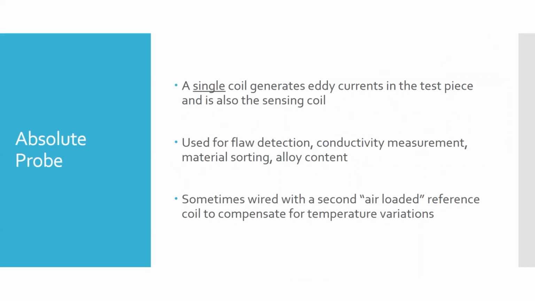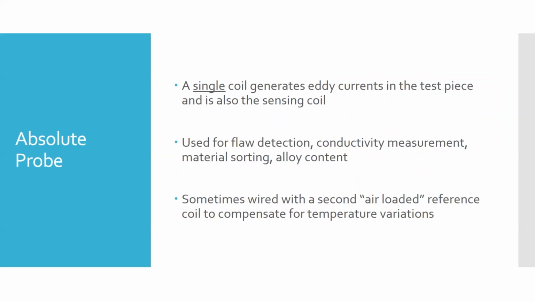But you just have to be careful, they are sometimes wired with what's called an air-loaded reference probe, or an air-loaded reference coil, where even air temperature affects the density of the air. The density of the air can affect the inductive reactance of the coil. It's very minimal, right? It's a very small difference.